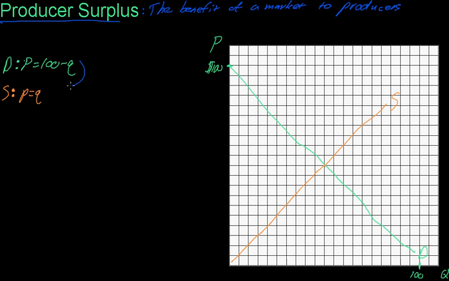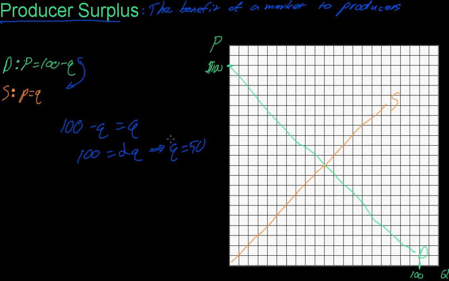So setting supply and demand equal, we're going to find the equilibrium quantity. Sorry about that, little brain fart. Okay, so we have 100 minus Q is equal to Q. Adding Q to both sides, we have 100 is equal to 2Q, and then dividing 2 into both sides, that Q is equal to 50.